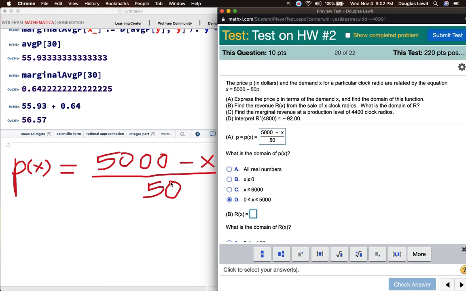That is the price P in dollars for the demand X, the price as a function of X, where X is the demand for a particular clock radio.